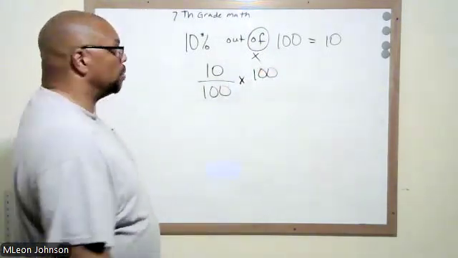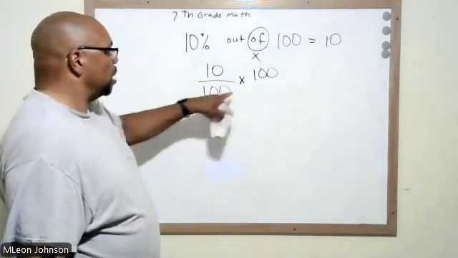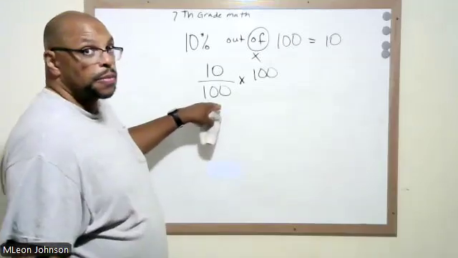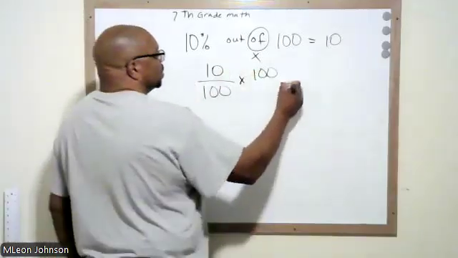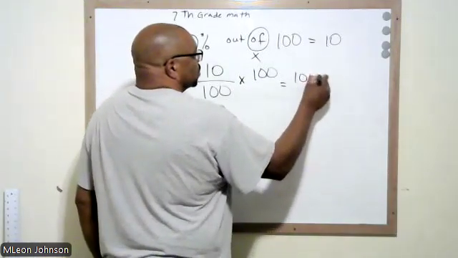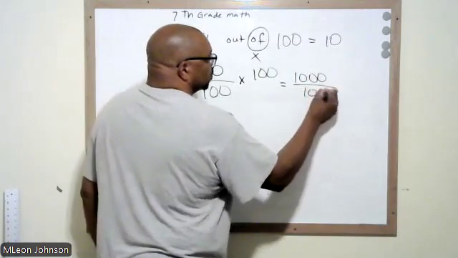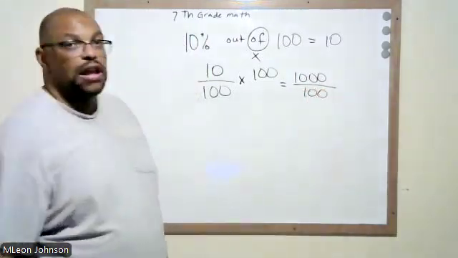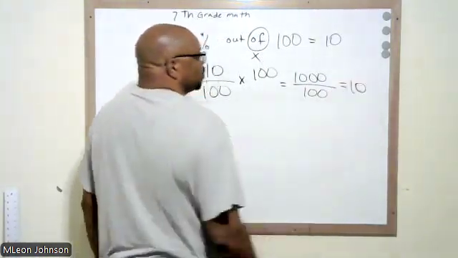What do I get? Well, when I look at this, this is 10 over 100, and this is 100. If I multiply straight across, this is what happens. I will get 1,000, and I come over here, it's a 100. So 1,000 divided by 100 is equal to 10.